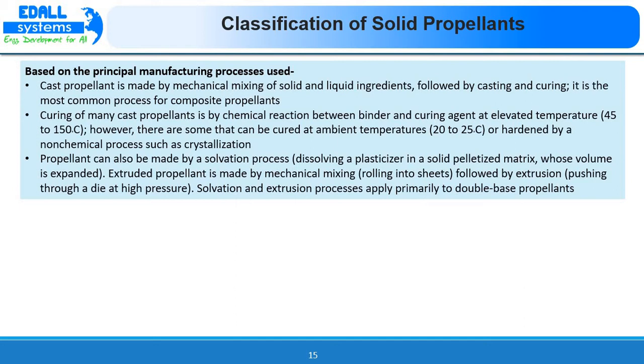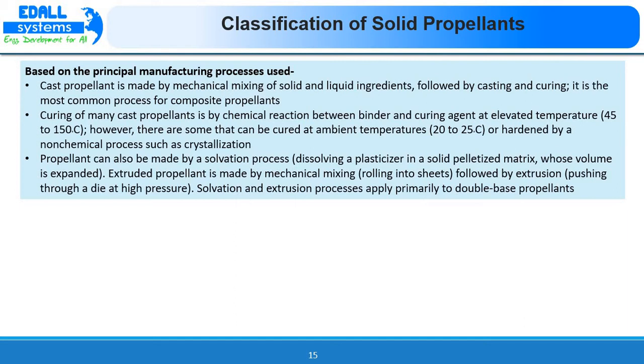Then curing of many cast propellants is by chemical reaction between binder and curing agent at elevated temperatures. However, some can be cured at ambient temperatures, or hardened by a non-chemical process such as crystallization. So casting is one manufacturing process through which we can manufacture composite propellants. So it becomes cast propellant.